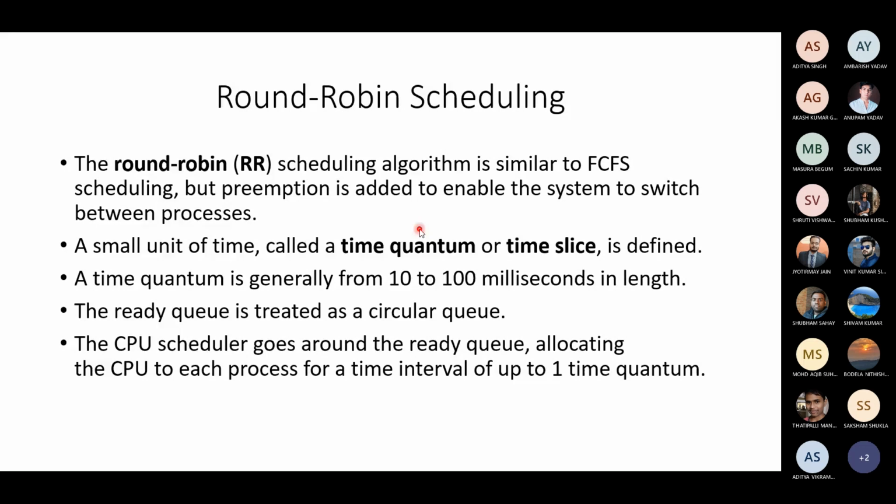But the catch here is, when a context switch happens, on what basis will a processor decide to switch from one process to another? We call that the time quantum. A small unit of time called a time quantum or a time slice is defined.